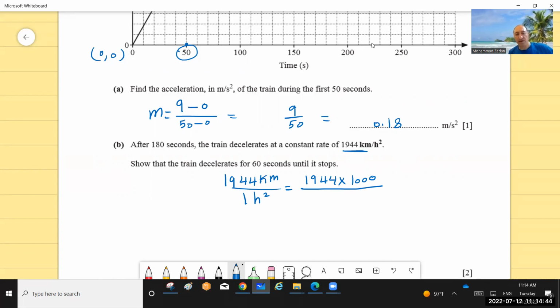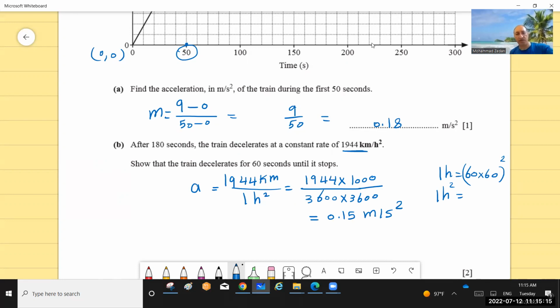The 1 hour equals 60 minutes or 60 times 60 seconds. So the 1 hour squared will be 3600 times 3600. By solving this part, this is still acceleration, it will be 3 over 20, 0.15 meters per second squared.